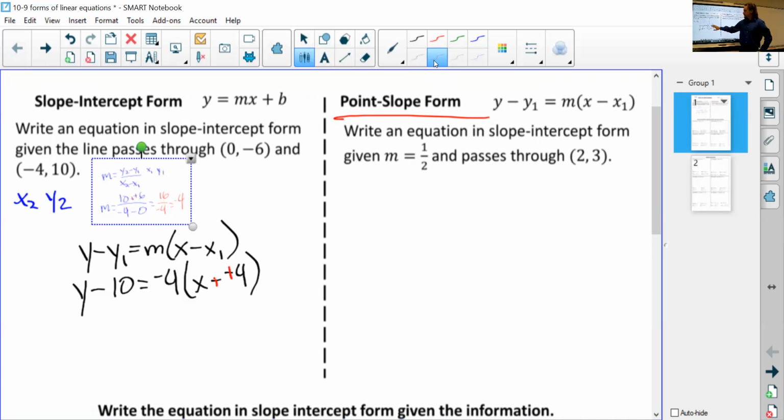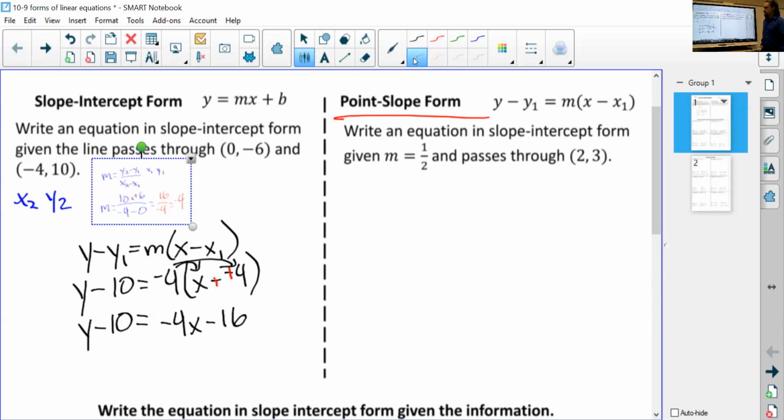Once we get here, if we want to convert from point-slope to slope-intercept form, it's the same steps each time. We're always going to distribute next. So we multiply everything on the right by the slope. The left side is left alone for now: y minus 10 equals, so we distribute this out, negative 4x minus 16.